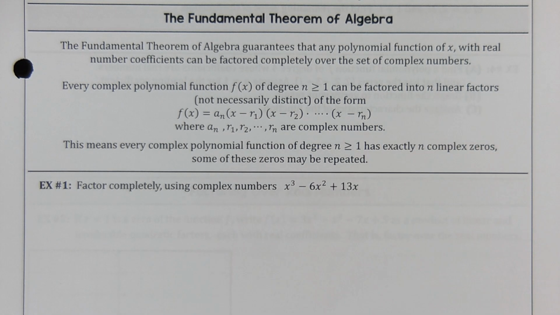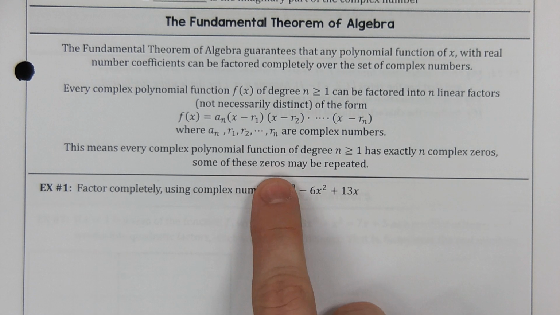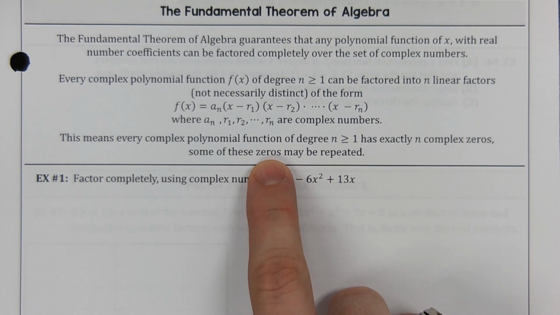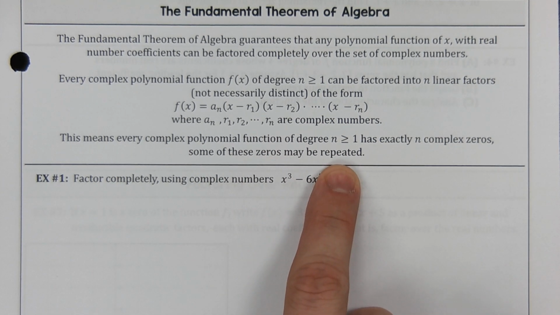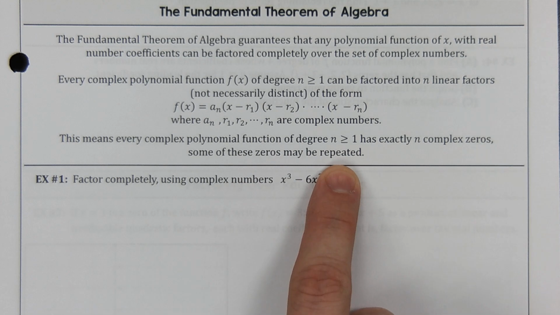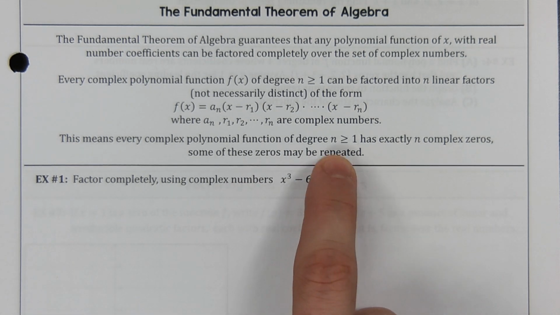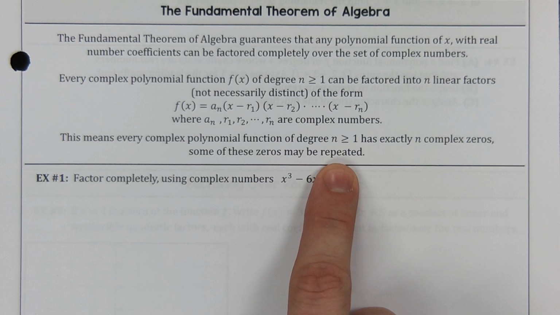That's all that says. So whatever the degree of your polynomial is, that's how many zeros it has. Now some of those zeros may be repeated, and that's multiplicity. She asked earlier about multiplicity. If your zero is repeated, that's its multiplicity.